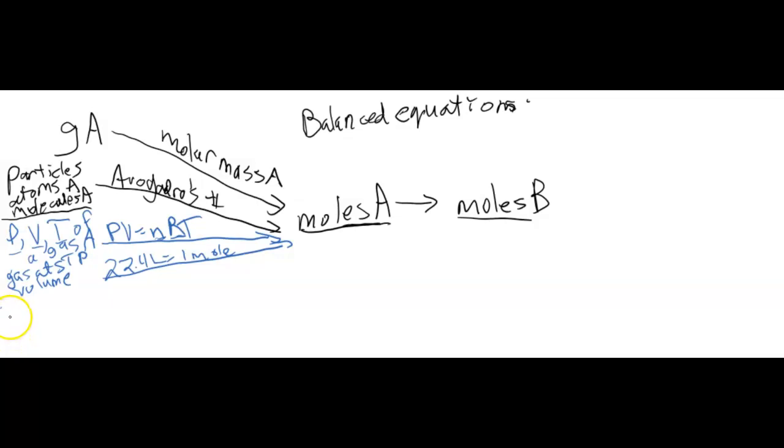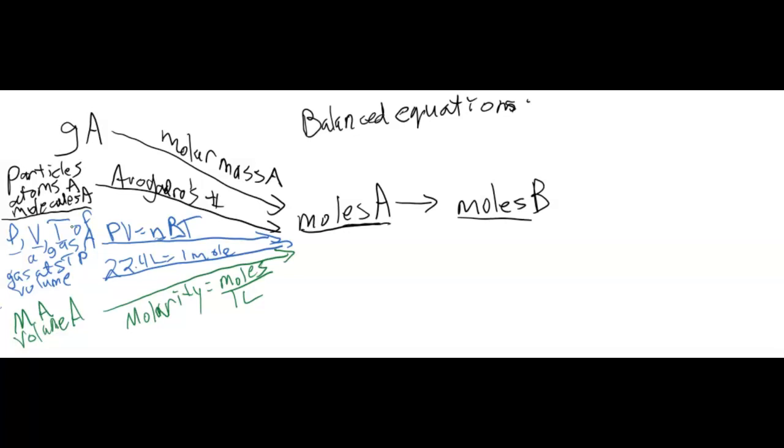Let's say we know the molarity of A, and we know the volume of A. Then we can use the molarity equation, so molarity equals moles per 1 liter, to find our moles of A. So whether we're looking at a solid, a gas, or a liquid, we can determine the moles of A a variety of different ways.